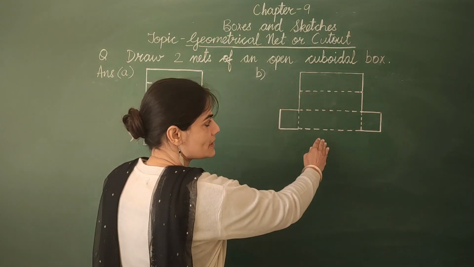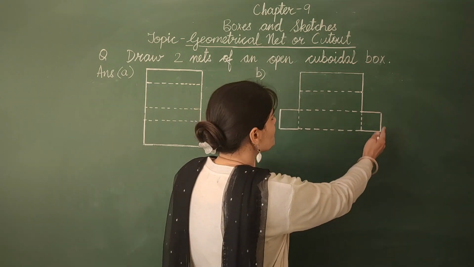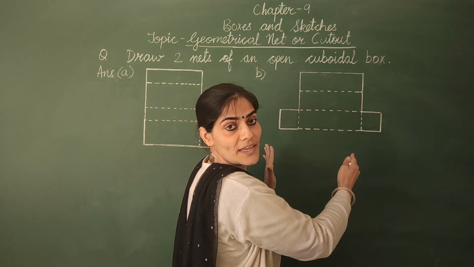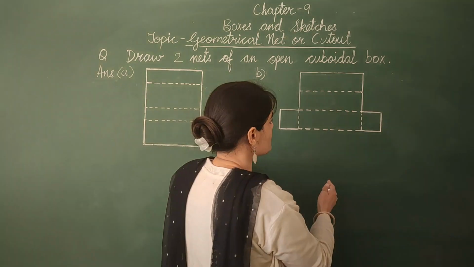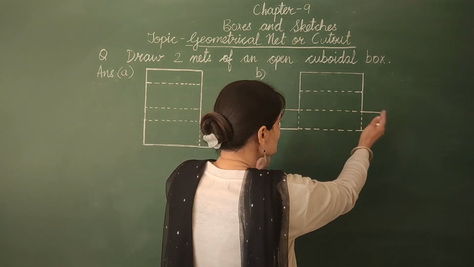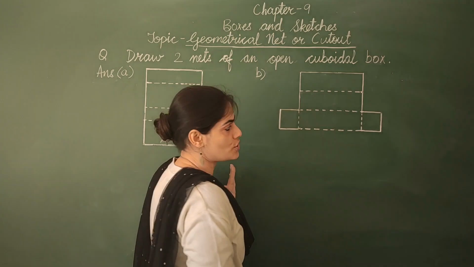Now look at this one. Here we have got both the side faces, but in place of 4 faces in a line, this time we have 3 faces. So here these 3 faces are equal, and that is why the side faces are square in shape, children.